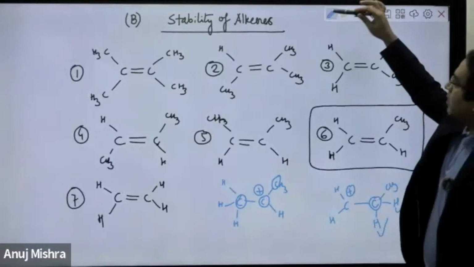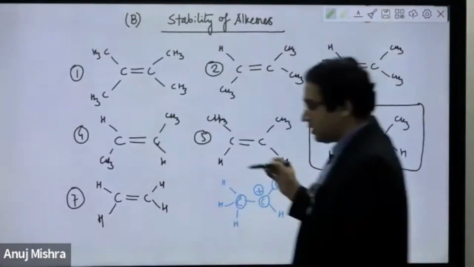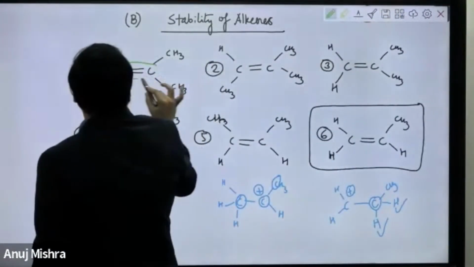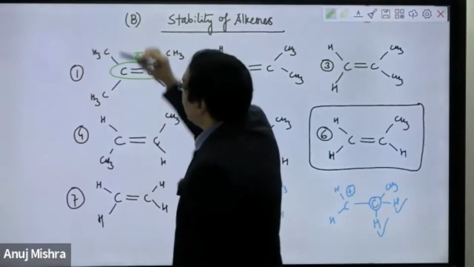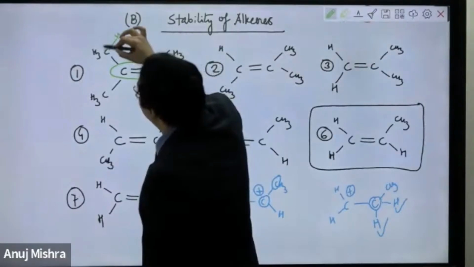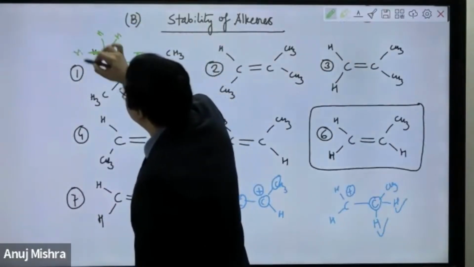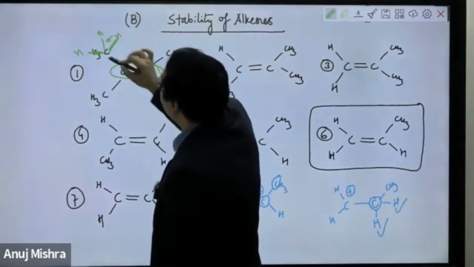Second important thing. If I consider the C double bond C as a pi orbital, and let's say you have a CH here, out of 3 CH, I'm drawing it like this. So this is a sigma and this is a pi.